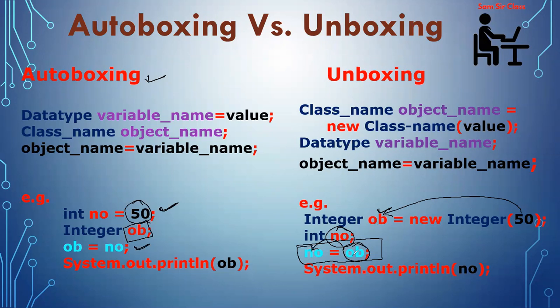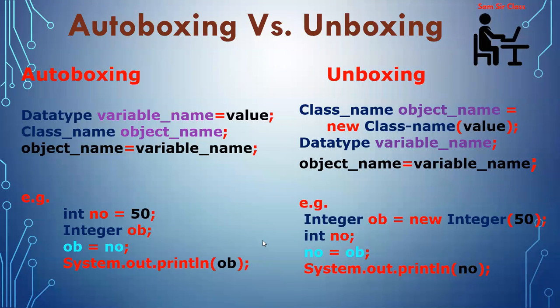That is known as unboxing. The automatic conversion of the wrapper class type into its corresponding primitive type is known as unboxing. So autoboxing is the reverse procedure of unboxing. Let's see one simple example so that you can understand.